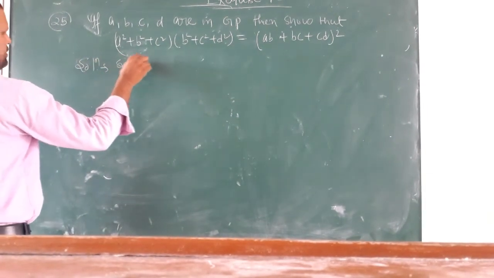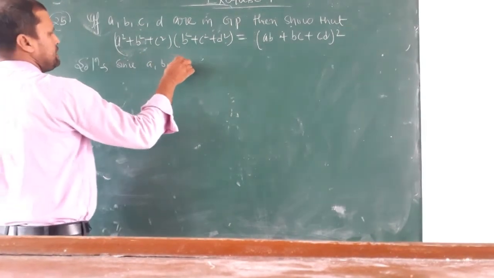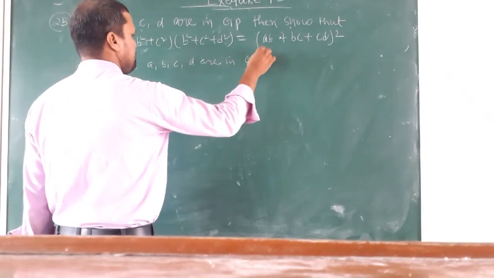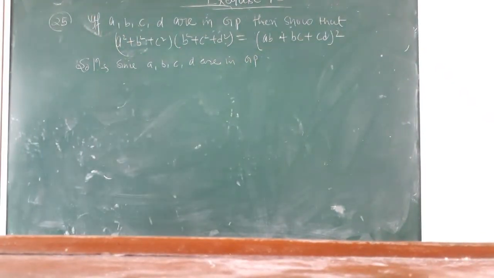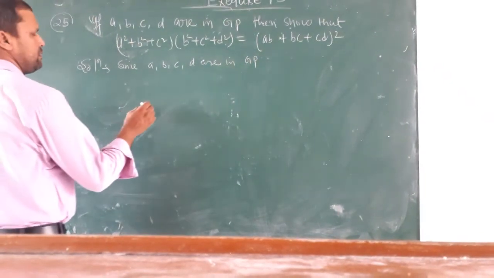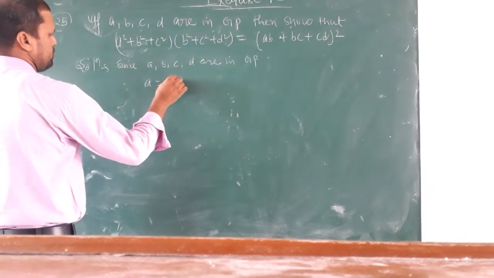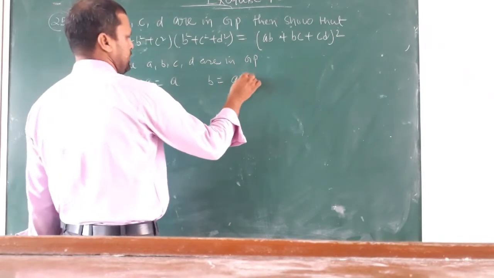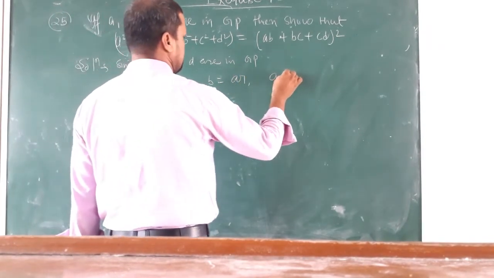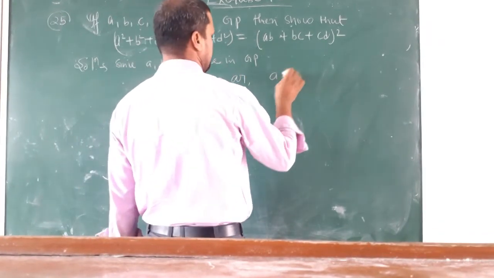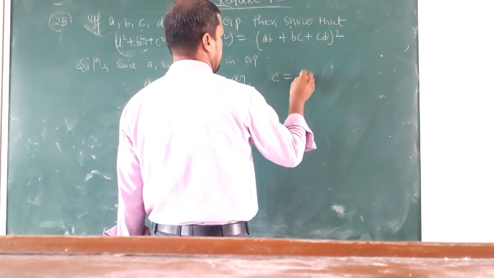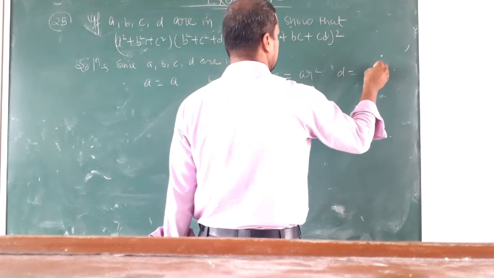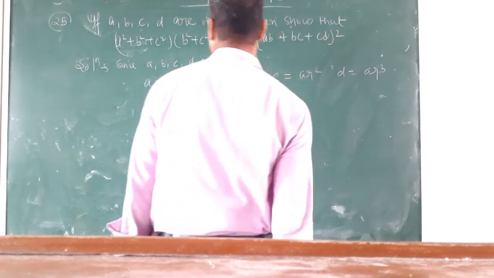Since a, b, c, d are in GP, we can write a equal to A, b equal to AR, c equal to AR square and d equal to AR cube.